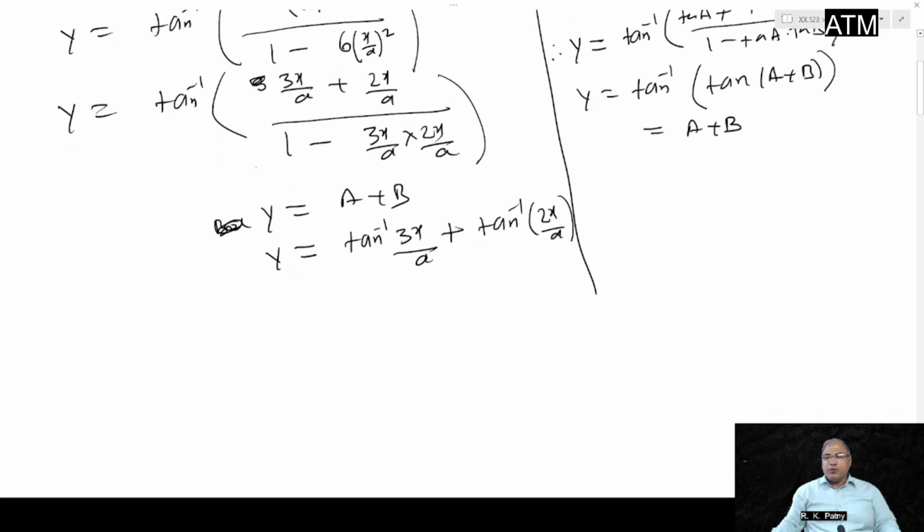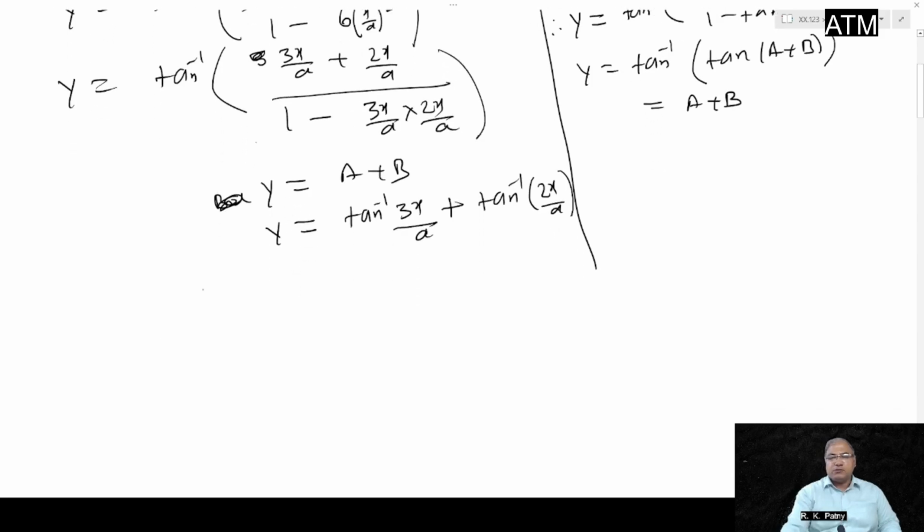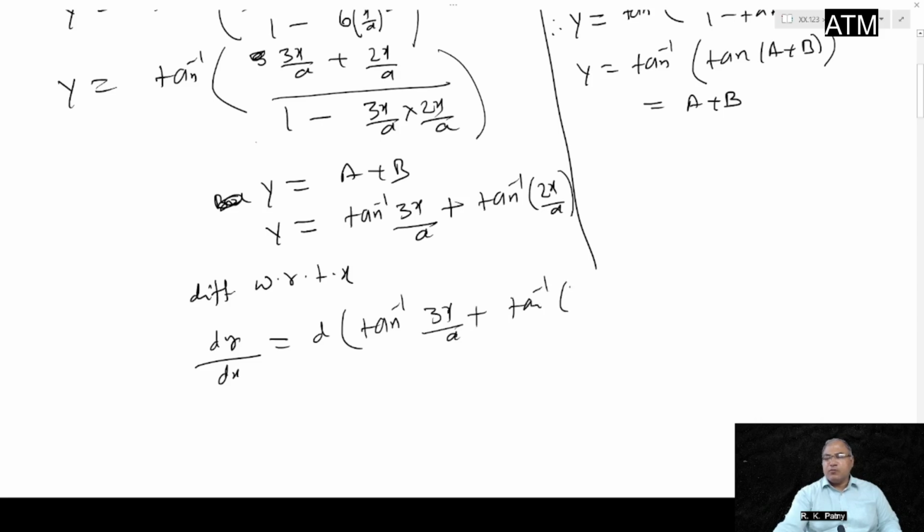So differentiating both sides with respect to x. dy by dx equals differentiation of tan inverse 3x upon a plus tan inverse of 2x upon a with respect to x.